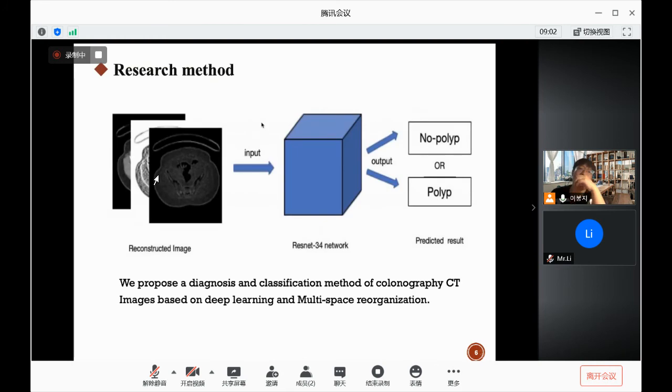The research method. We propose a diagnosis and classification method of colonography CT image based on deep learning and multi-space recognition.